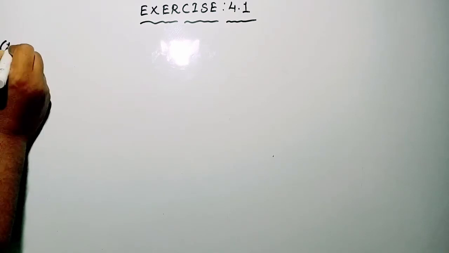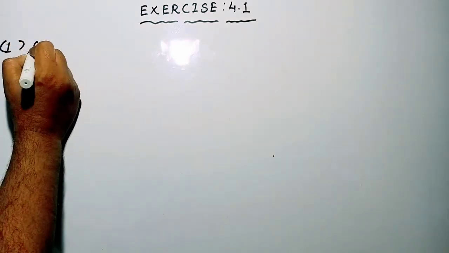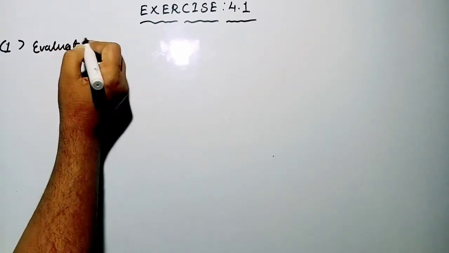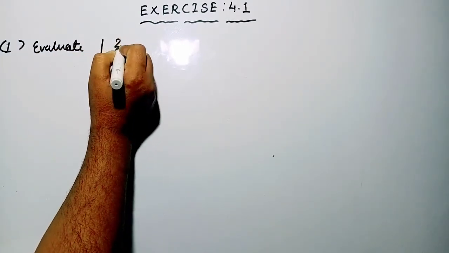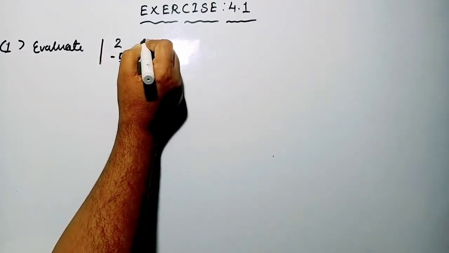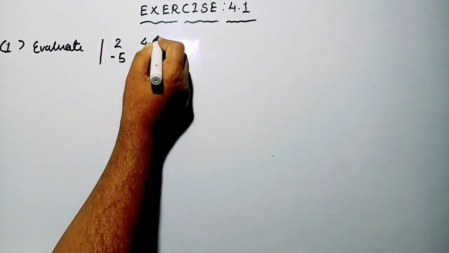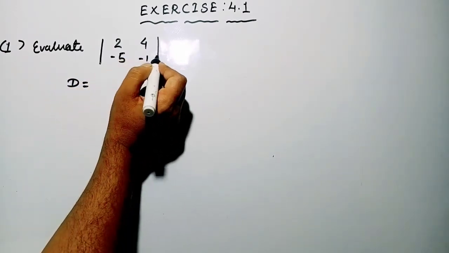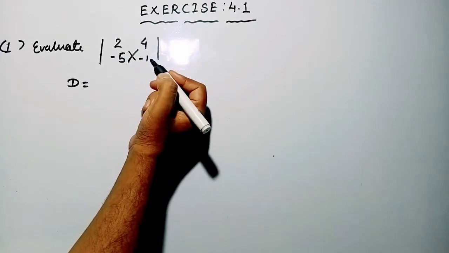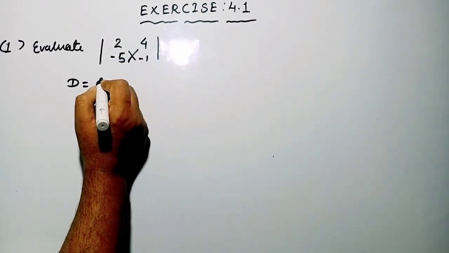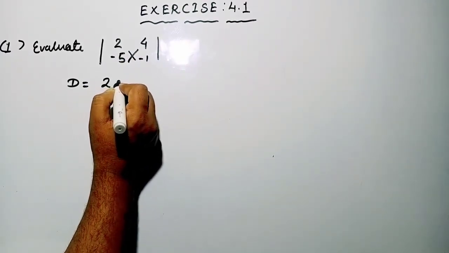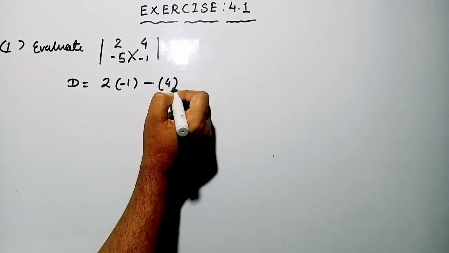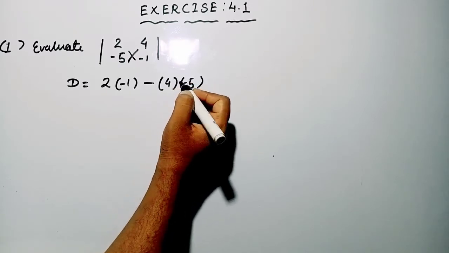So let us see the applications, how we can find the value of determinants. Evaluate the determinant having elements 2, minus 5, 4, 1. So D is equal to, by doing the cross multiplication, 2 is to be multiplied by 1, this is the minus of formula, minus 4 multiplied by minus 5.